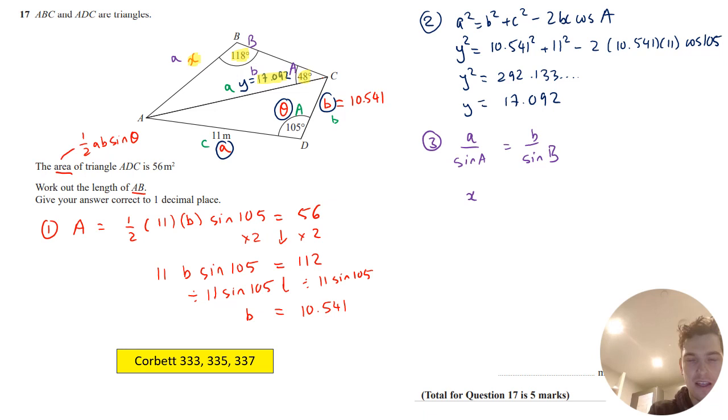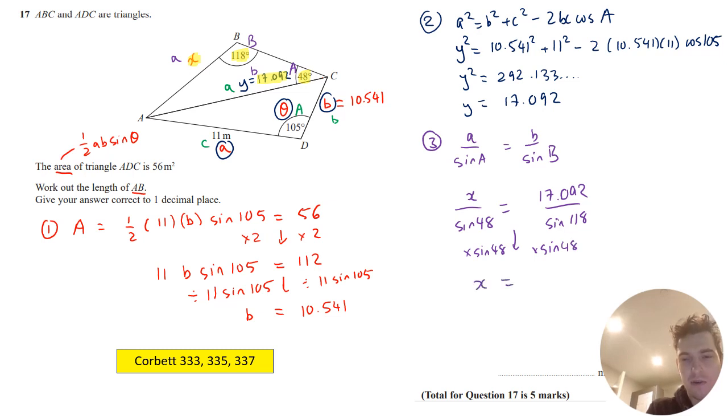So x over sine 48 equals 17.092 over sine 118. And to get my answer x, I'm going to multiply by sine 48. So I have x equals 17.092 times sine 48 over sine 118.